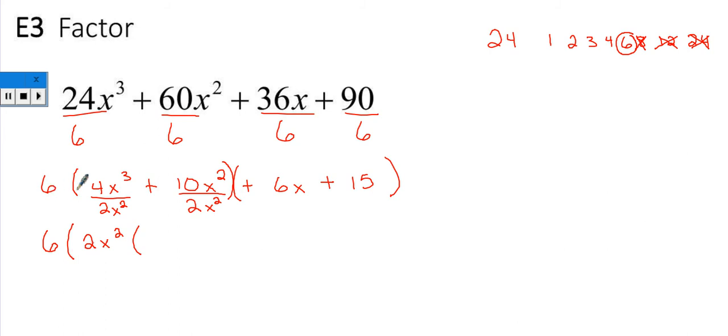You're going to have parentheses. You just have to get used to it. 4 divided by 2 would leave you 2, and then for the x's, you'd have x to the first left over, so it's just x, plus the x squareds cancel here, and 10 divided by 2 would leave you 5.